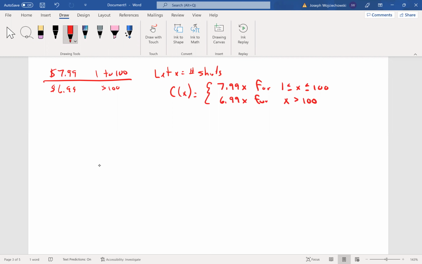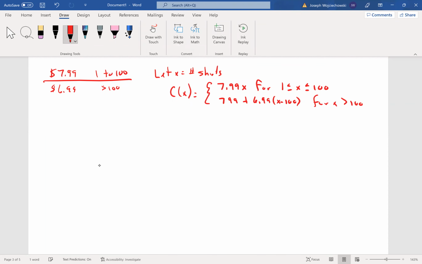Oh, we wanted total cost, so this will actually be 100 times 7.99, or 799, plus 6.99 times X minus 100, for X greater than 100.